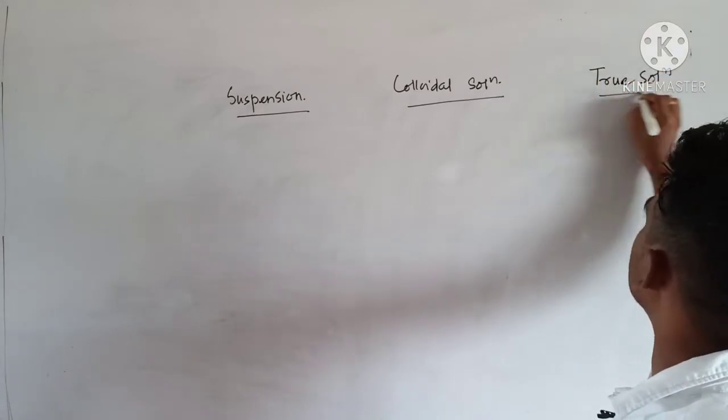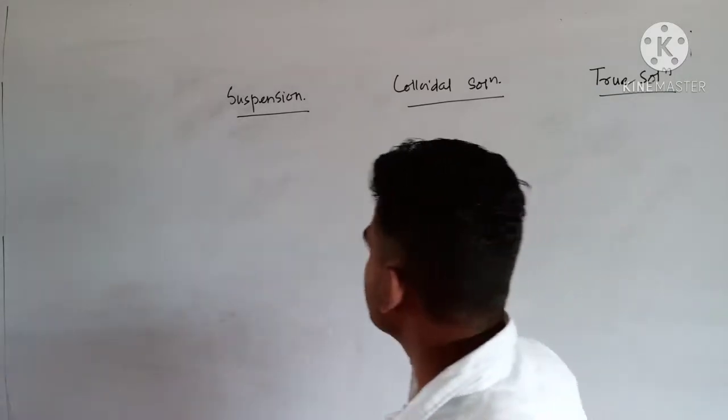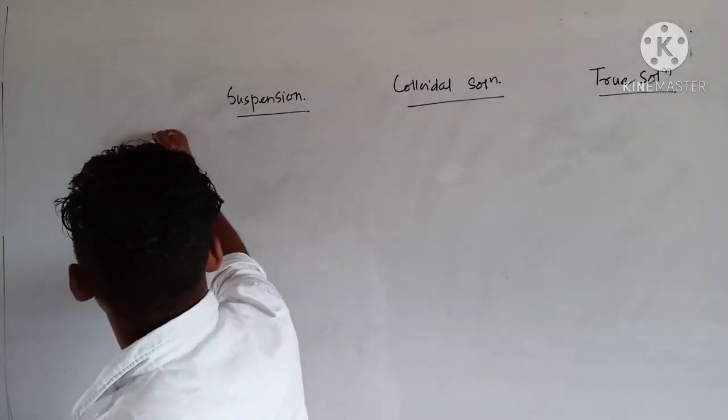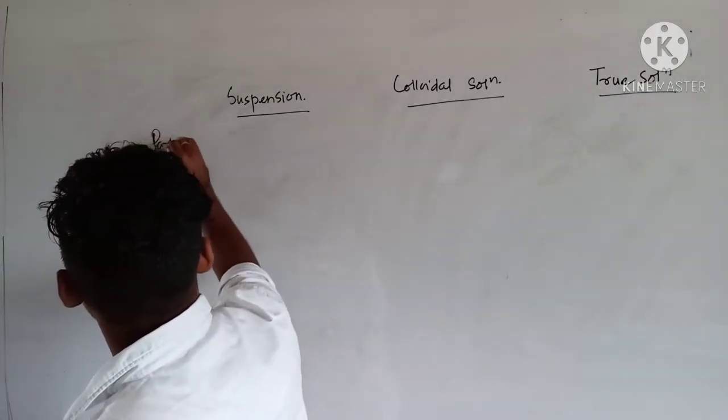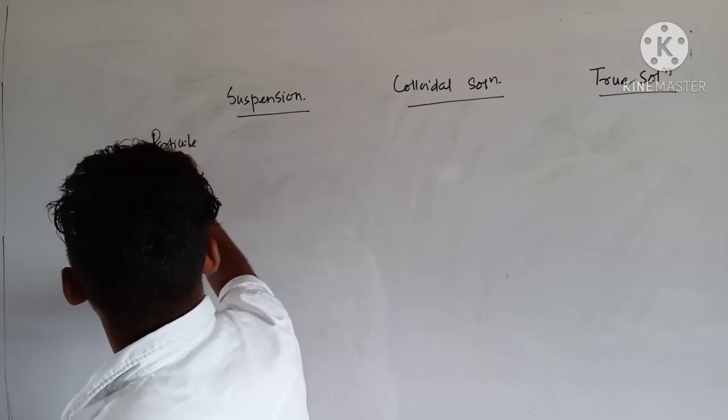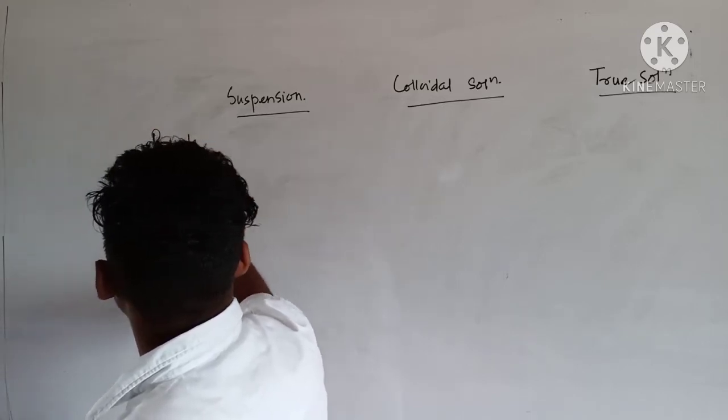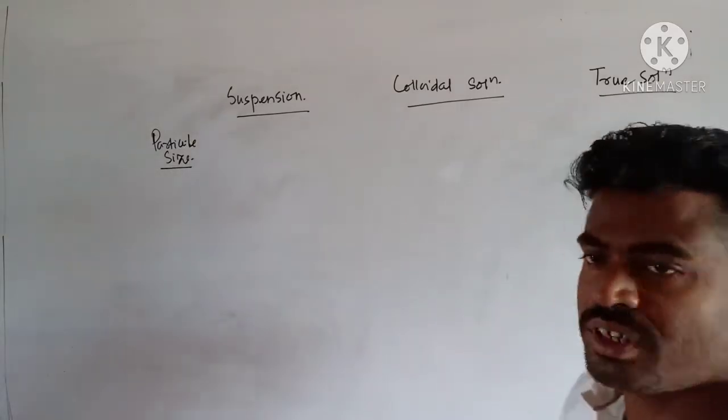You have an idea about true solution. First is nature, particle size. This one is very important. From particle size you can predict what type of solution this is.